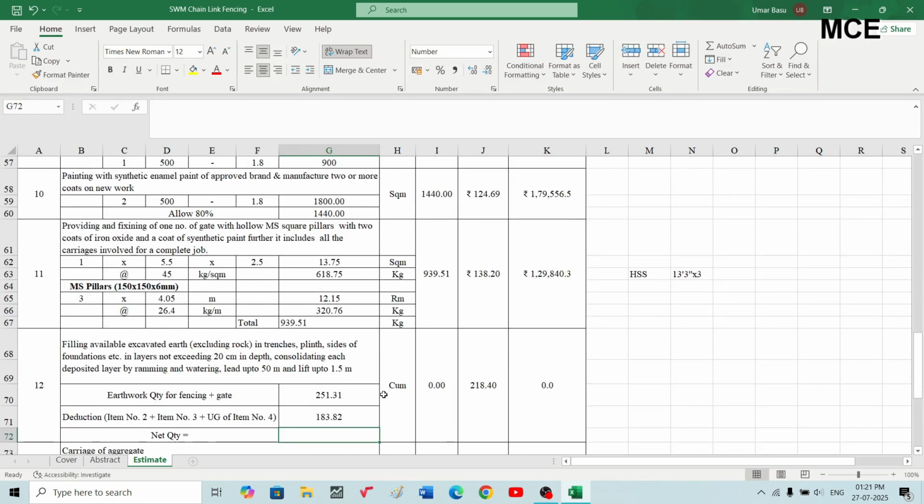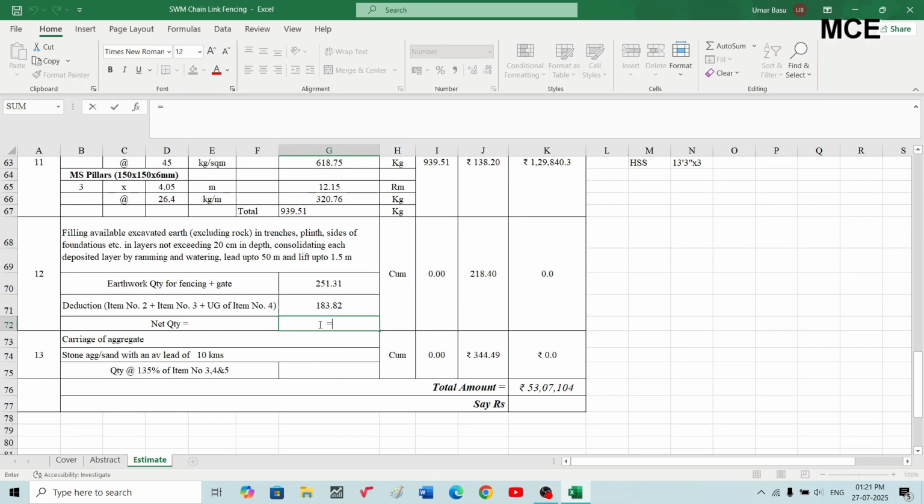This is the total quantity, and you have to deduct it from the earthwork which we obtained in item number 1, and it will give us the net quantity which we require to fill the trenches after the construction of concrete.